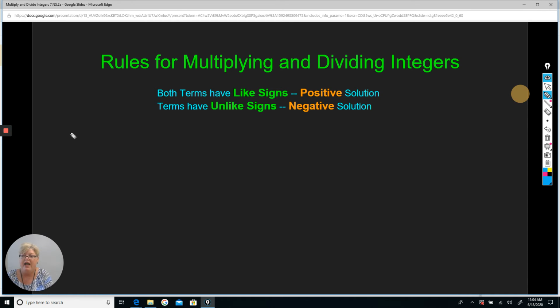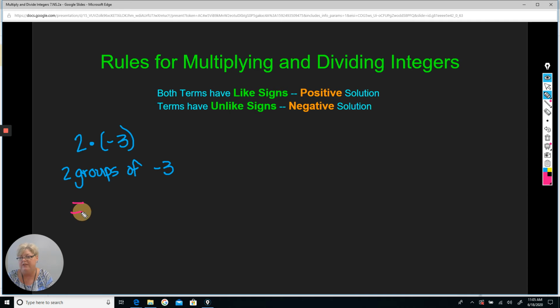So if I have 2 times -3, all that means is two groups of -3. And if we go back to elementary, we know that when you're multiplying, you're separating it into two groups of -3.